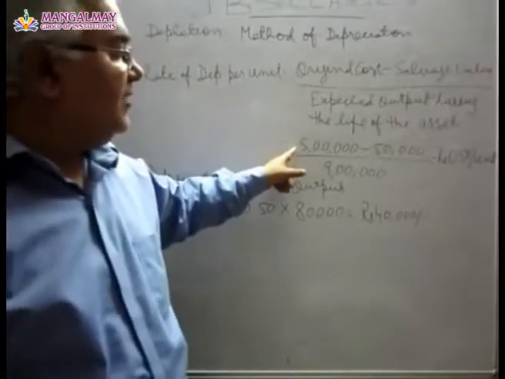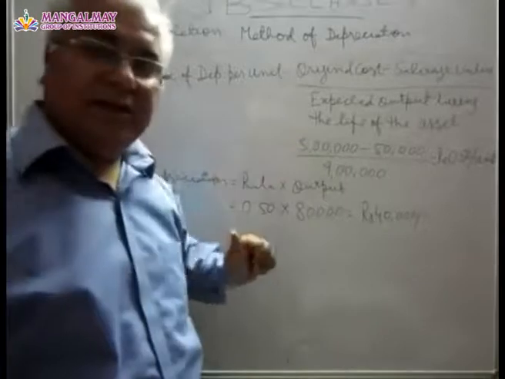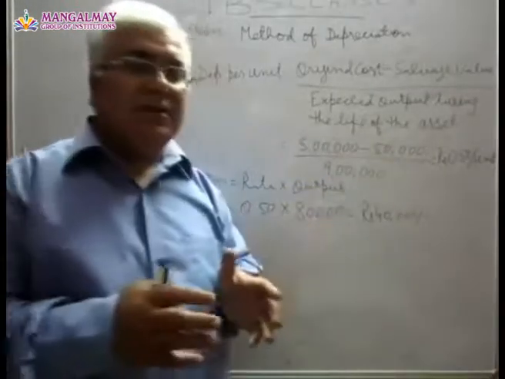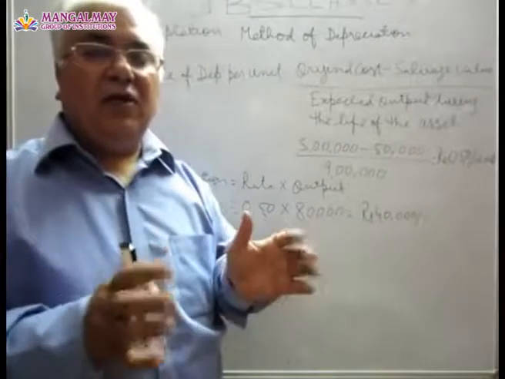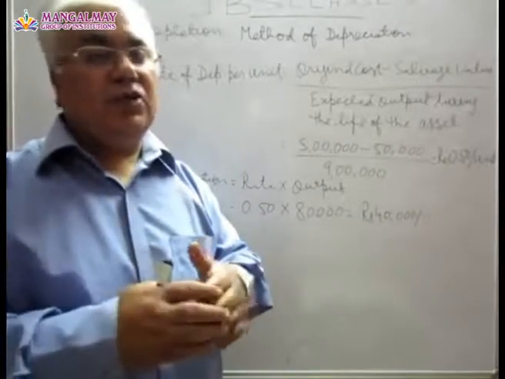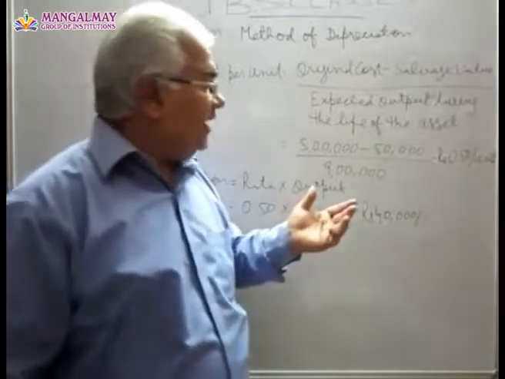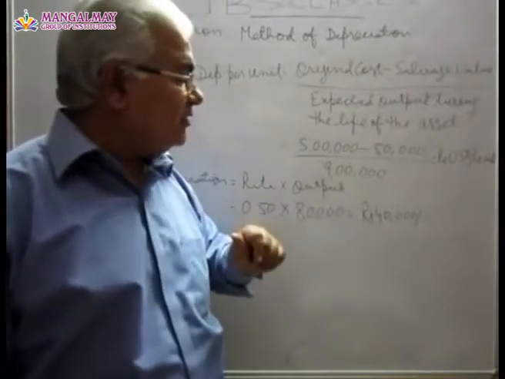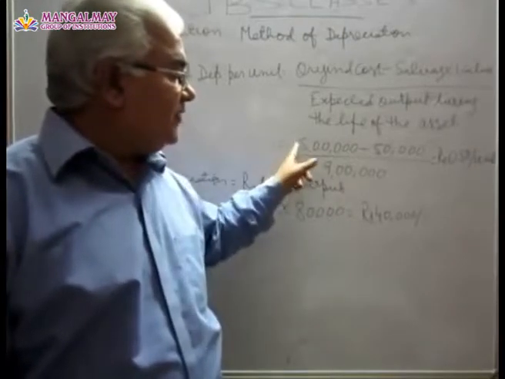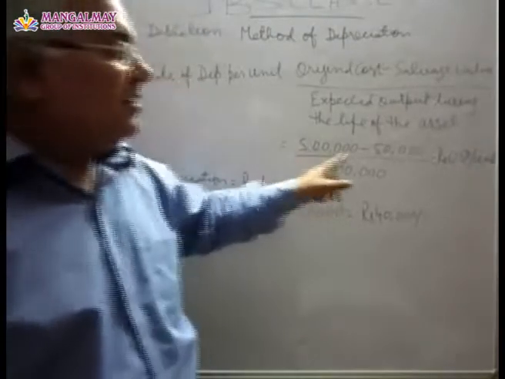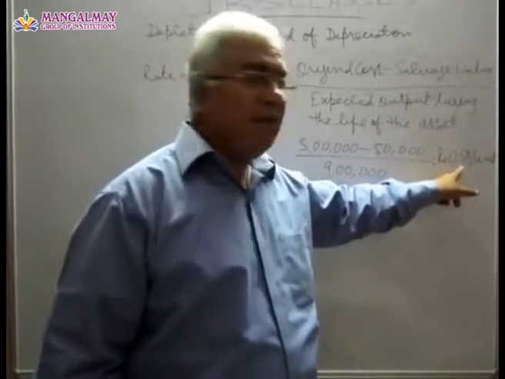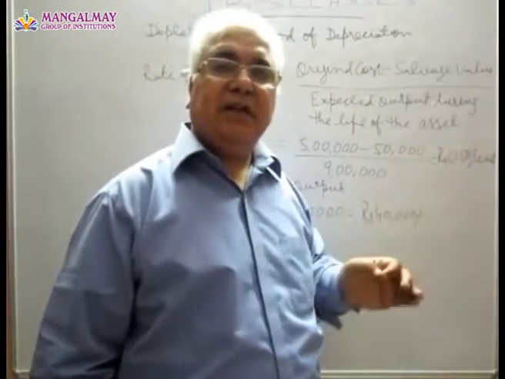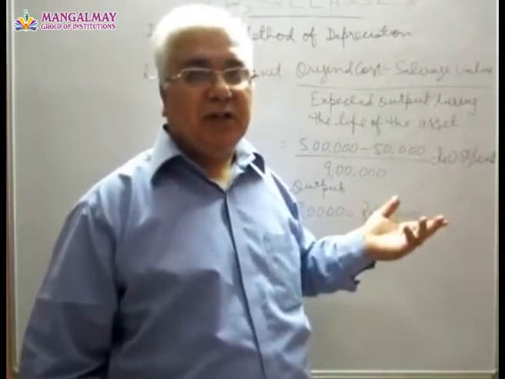For example, if we pay 5 lakh for this asset and the expected salvage value is 50,000, that means we have to write off 4,50,000 over the total production, and expected production out of this is 9 lakh units. That means 4,50,000 divided by 9 lakh comes to 50 paisa per unit. This is the amount of depreciation we must charge on each unit produced during each year.